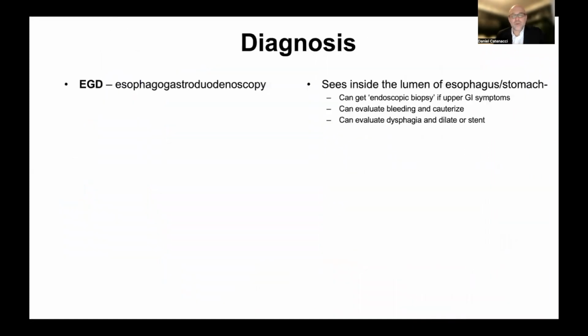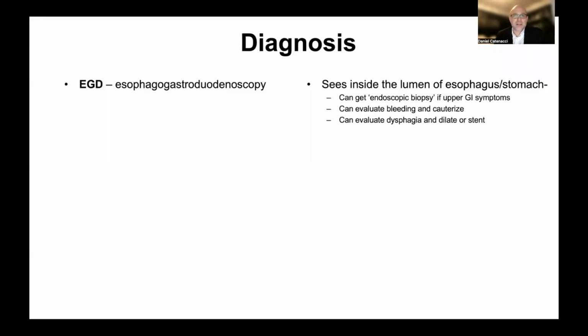So, irrespective of what the symptoms are, eventually you will get an upper endoscopy or an esophagogastroduodenoscopy, EGD. The purpose of this is to look inside the lumen of the esophagus. And of course, if there's a mass abnormality seen there, it would be biopsied.